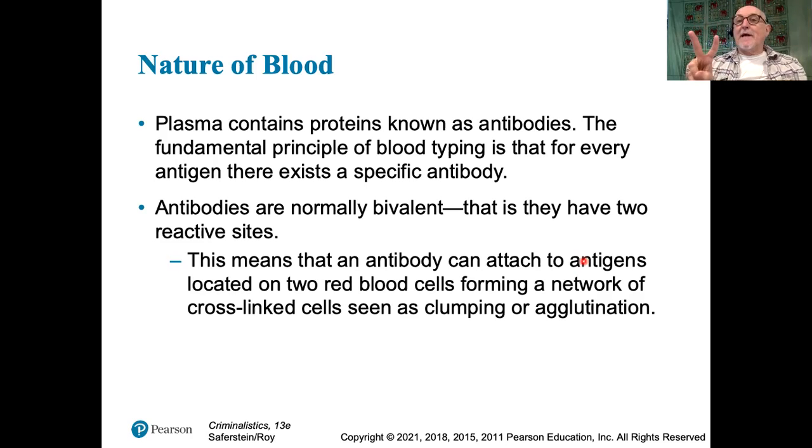So let's just imagine we've got a red blood corpuscle floating along, and it's got an A antigen, and it encounters an anti-A antibody. It can stick there. Another red blood corpuscle coming along can stick to the other end there. So we've got two red blood corpuscles stuck. Now another antibody molecule comes in and sticks to the red blood corpuscles.